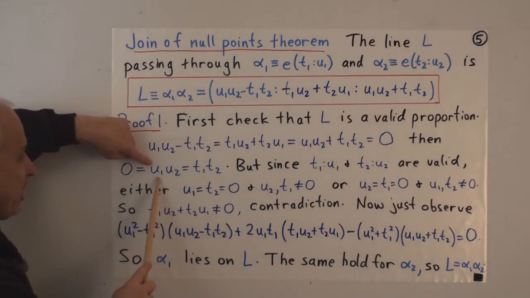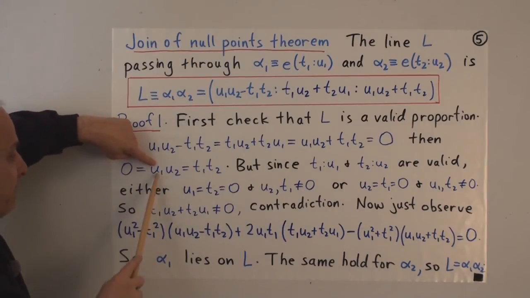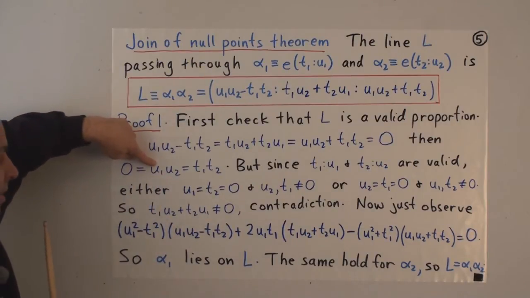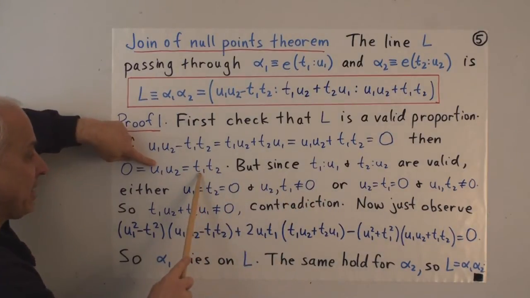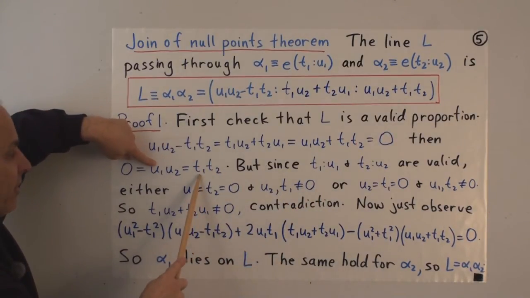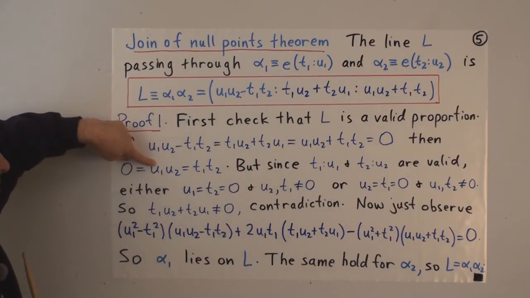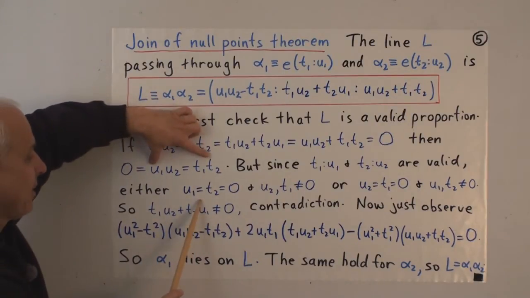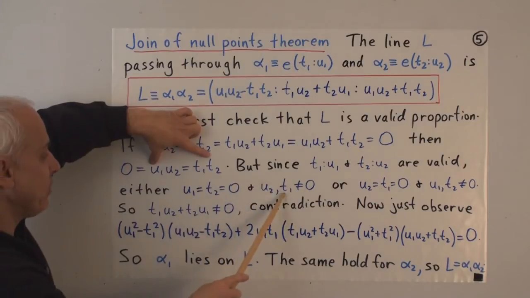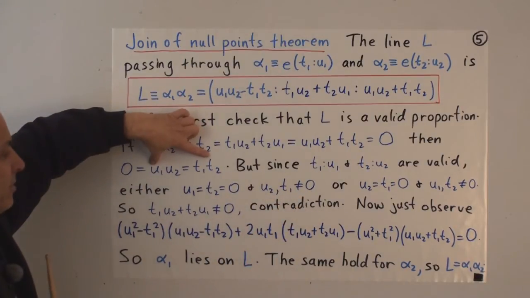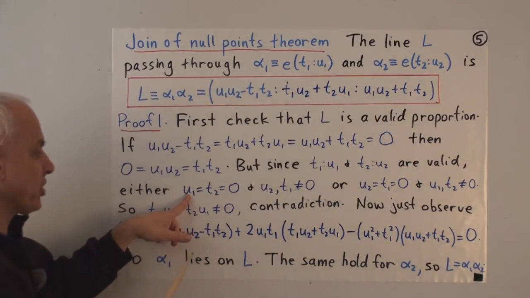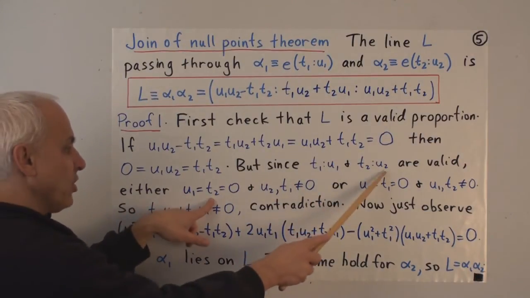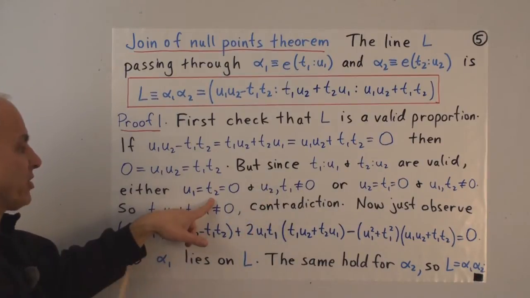So in this expression here, one of these two is 0. If this u1 is 0, then, because this is a valid proportion, t1 cannot be 0. So t2 must be 0. In which case, u2 and t1 are not 0. Because if u1 is 0, then t1 can't be 0 because this is a valid proportion. And if t2 is 0, then u2 cannot be 0 because this is a valid proportion.